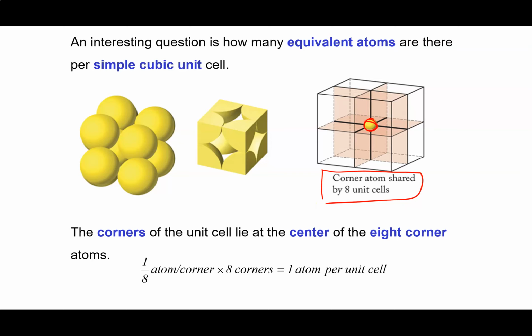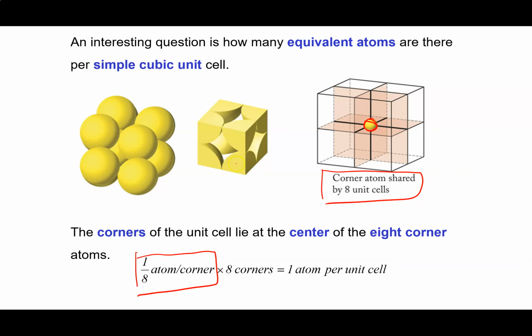It takes a little bit to get around that. Models really help to get your mind around that, but we don't have the opportunity to play with models in an online class. So we know that for every atom that's at a corner, it's going to contribute 1/8 of an atom to a single unit cell.